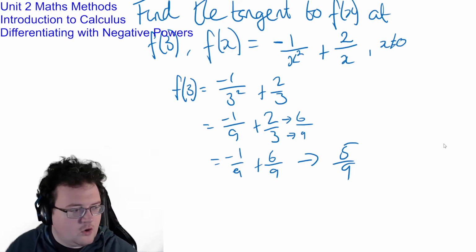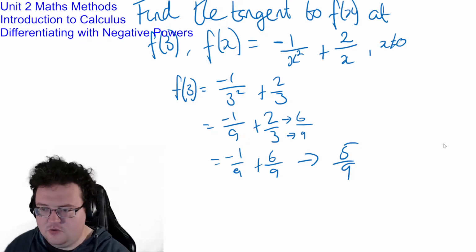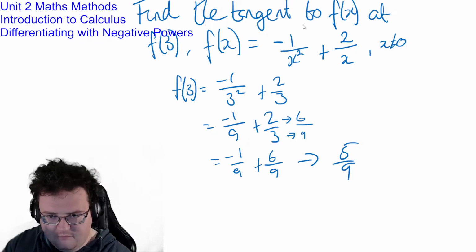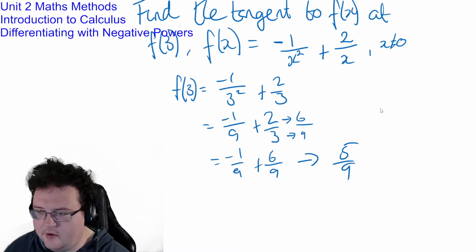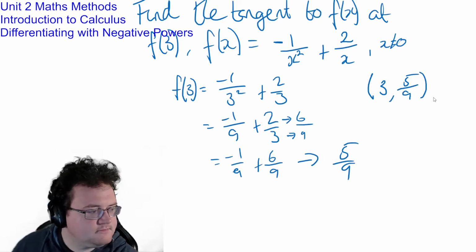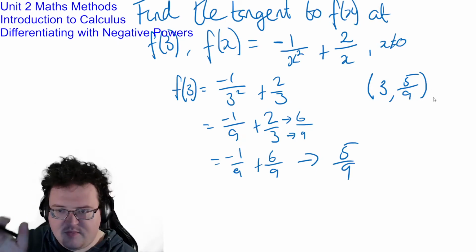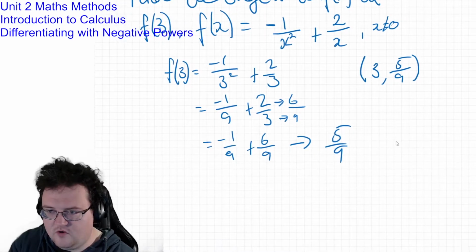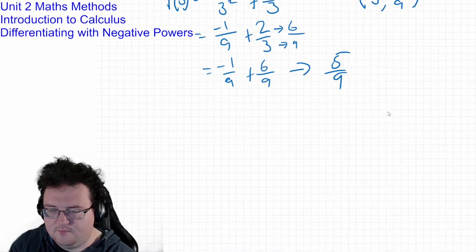So that means that the coordinates that we are going to need to be using for our final tangent are going to be bracket 3, 5 over 9. So we need to keep that in the back of our minds. We've got that to work with.